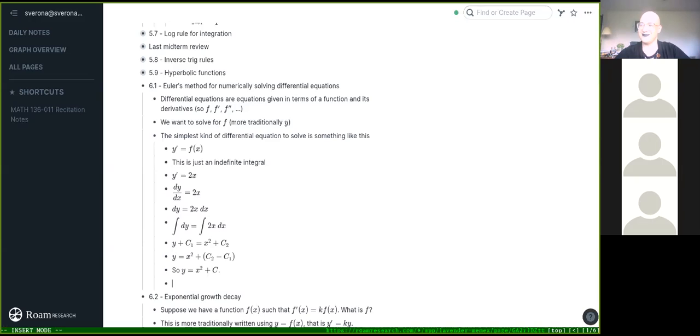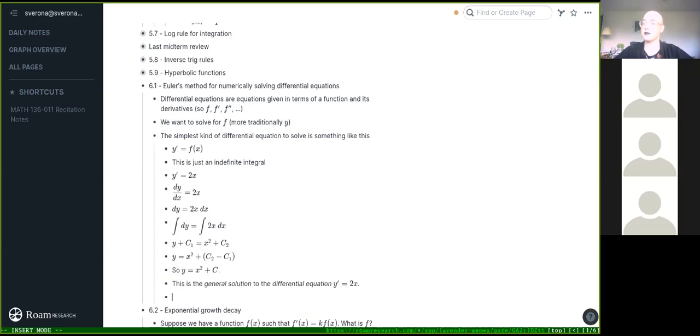Okay. It's my pleasure. So let's see. There's a name for what I just did here. What I have just done is I found what's called the general solution to the differential equation y prime equals 2x. That is all a general solution is.